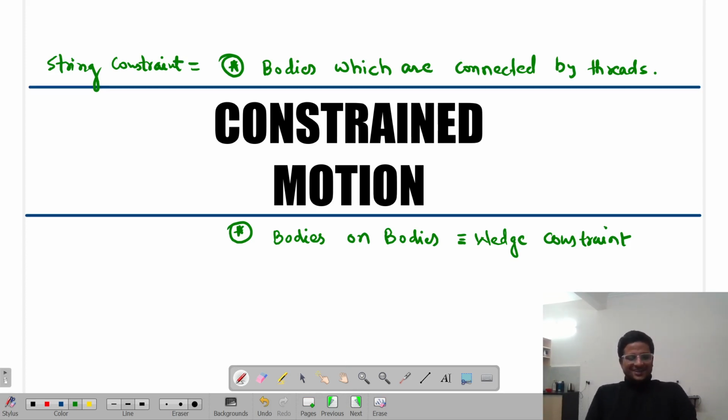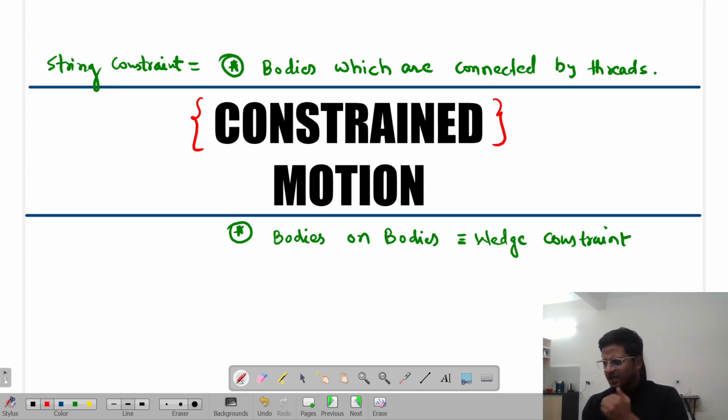So basically what we are going to study today is constraint motion, and first we'll have to understand this word constraint. What is the meaning of this word constraint? We are going to do a depth analysis of it.